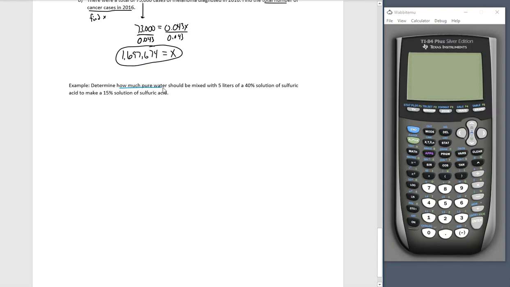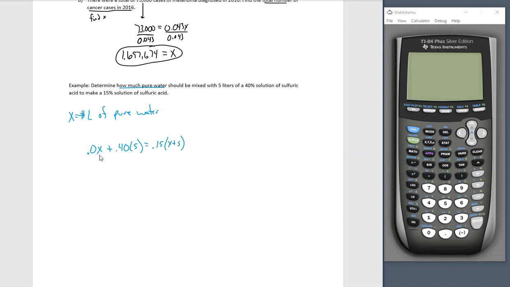How much pure water? So let's let x be the number of liters of pure water. All right, so pure water has 0% sulfuric acid. So if I'm adding in pure water, 0% times the number of liters of pure water, plus 40% times the 5 liters, I will get 15% of a total of x plus 5 liters of fluid.